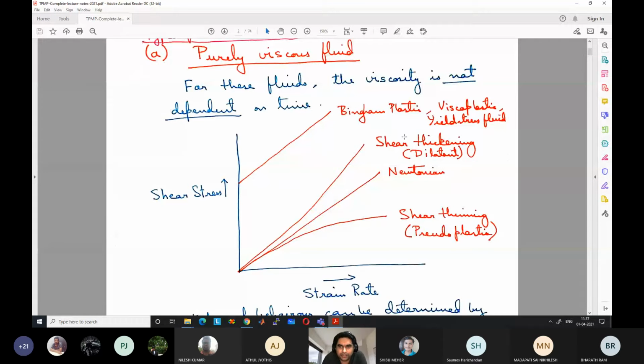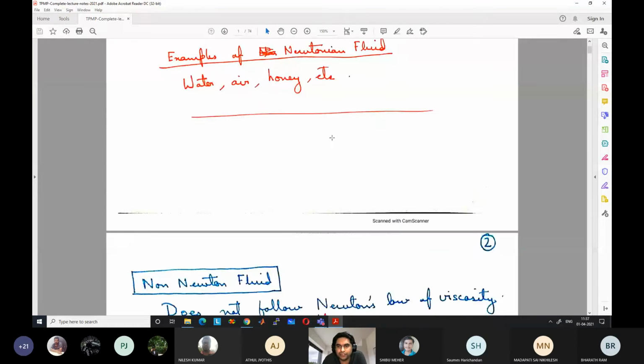So shear thickening fluid is also known as dilatant, and the behavior is that if you keep on increasing the deformation, the force will increase at a much higher rate than compared to the linear rate. Again, if we go back to our experiment, say we are moving the plate with 5 meter per second and the force is 10 Newton.